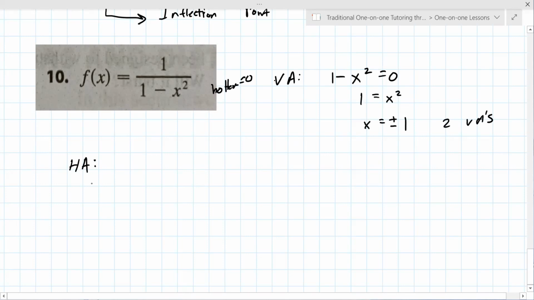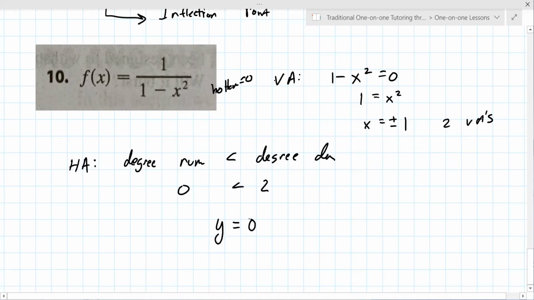Do you recall from your previous math classes that you look at the degree of the numerator and the degree of the denominator? Okay, so because the degree of the numerator, which is 0, is less than the degree of the denominator, which is 2, it always has a horizontal asymptote y equals 0.